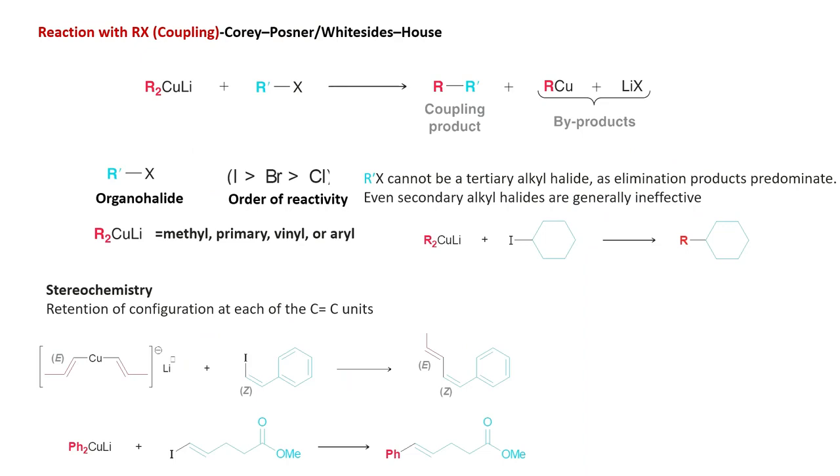So some of the reactions of this organo-copper-lithium complex are the Corey-Posner reaction, which is also known as the Whitesides-House reaction. When you treat your organocopper compound with an organohalide, you will get a coupling product and some byproduct.